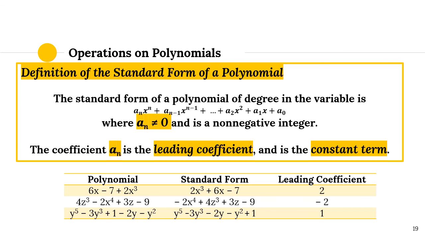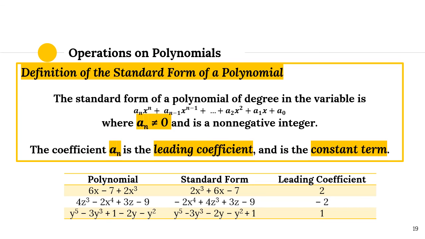You change the signs into its opposite. Lastly, we have y to the fifth minus 3y cubed plus 1 minus 2y minus y squared. Changing it to standard form, we have y to the fifth, because the degree is 5, the highest, minus 3y to the third, degree is 3, second highest, minus 2y, degree is... this is wrong. The next one should be minus y squared.